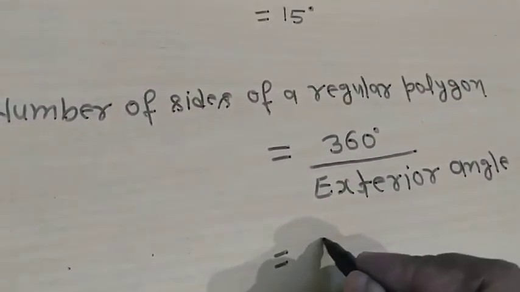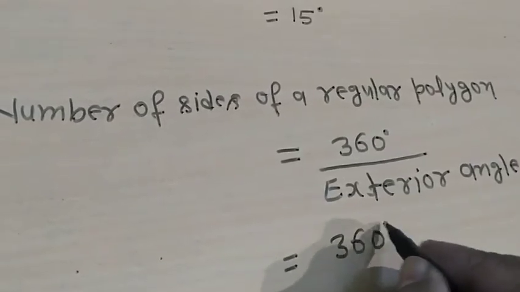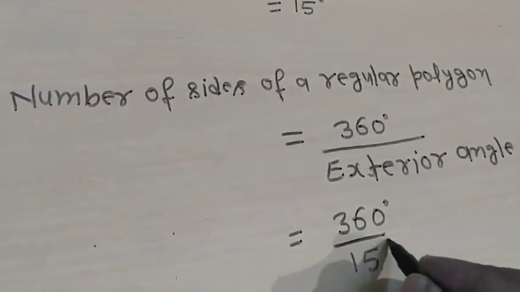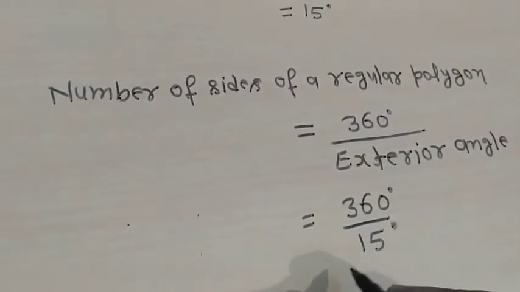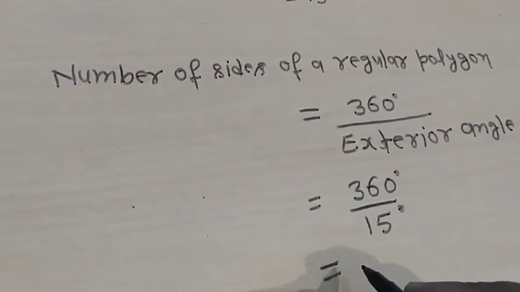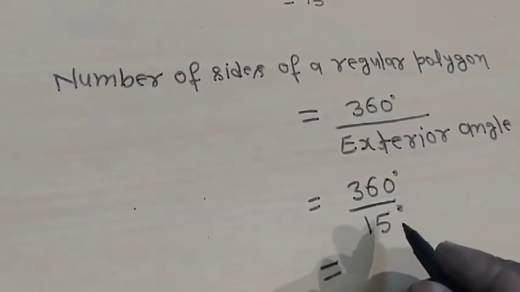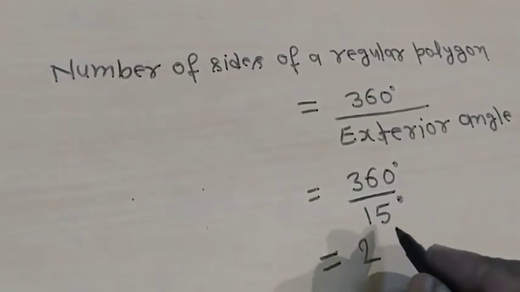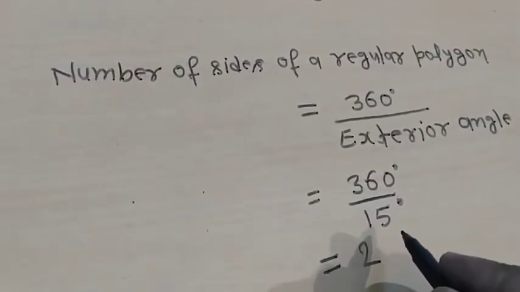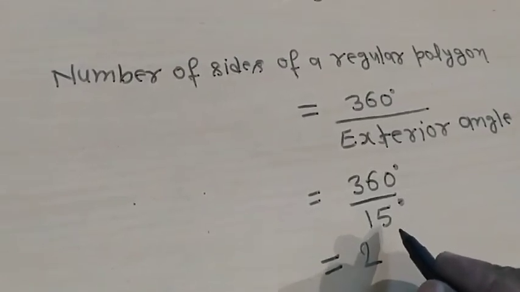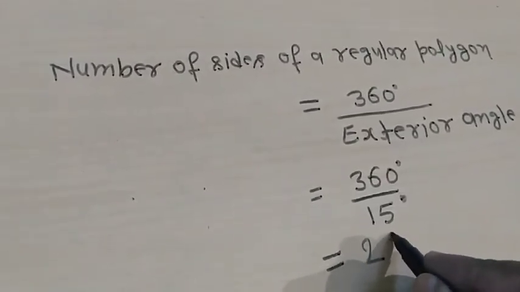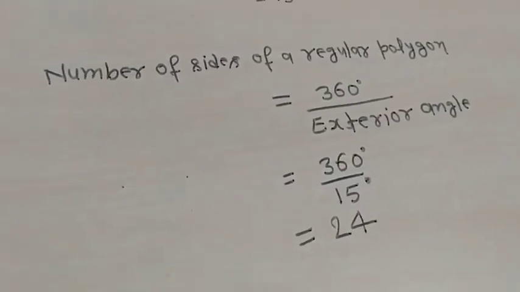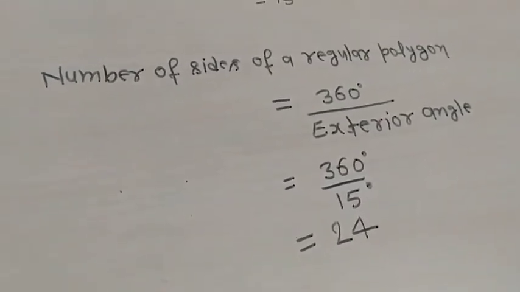So 360 degree by 15 degree. So divide it. How many times? 15 twos are 30, two times, and we obtain 60. So 15 fours are 60. So 24. Okay. Number of sides is 24.